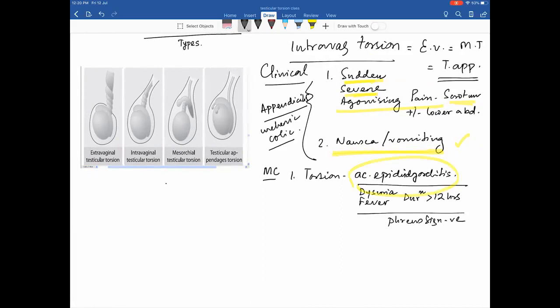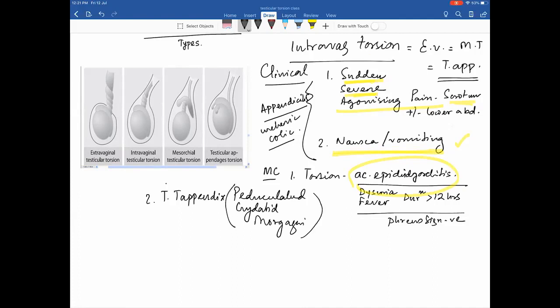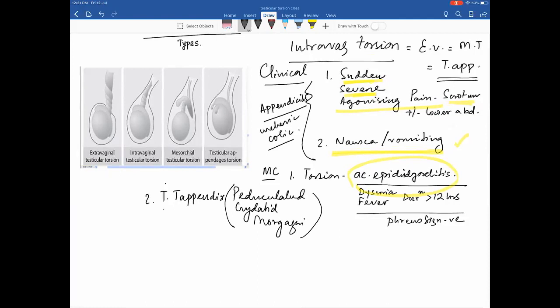The second point is torsion of the testicular appendage. The testicular appendix is also called the pedunculated hydatid of Morgagni. Please remember this, and it gives the same signs clinically.